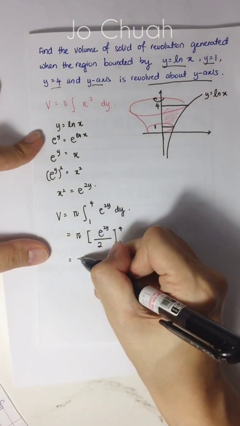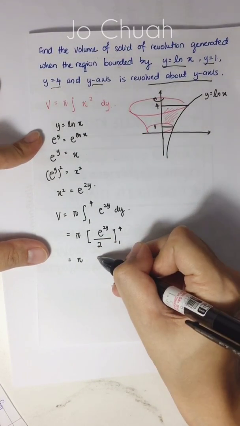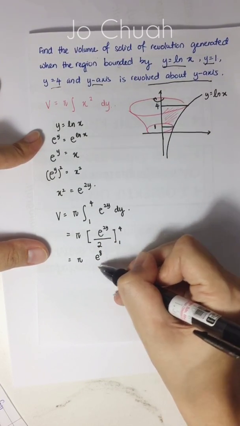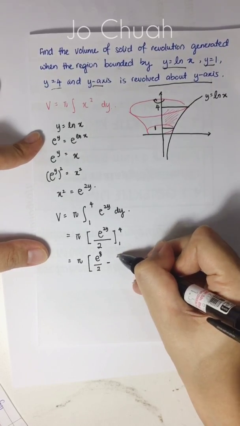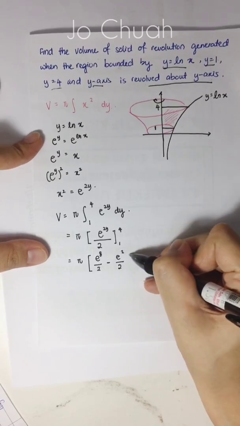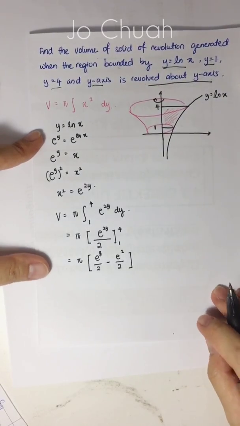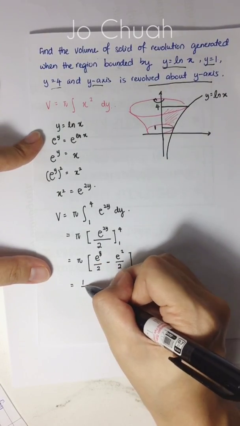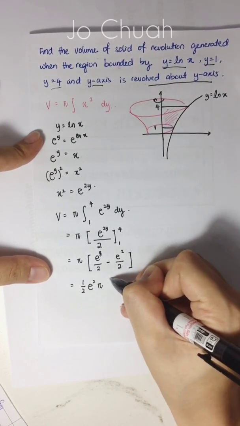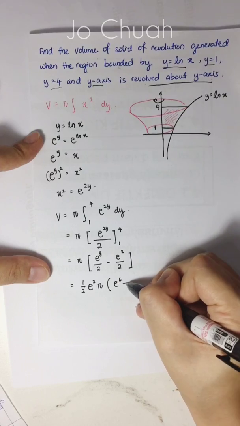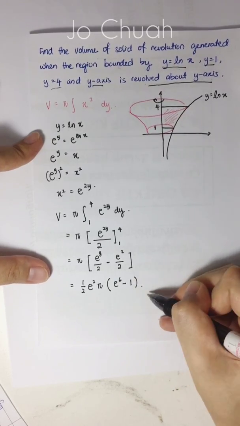Okay, so show the substitution. So e⁸/2 minus e²/2. Okay, so (1/2)e²π, and then you have (e⁶ - 1). Unit³.